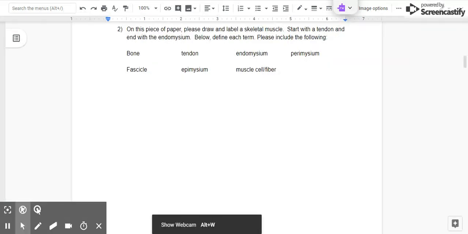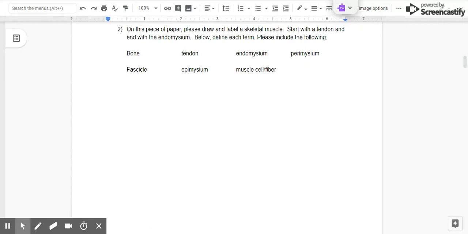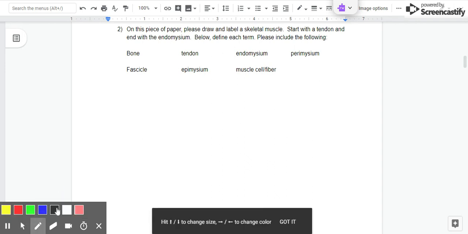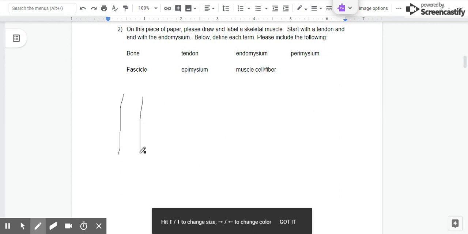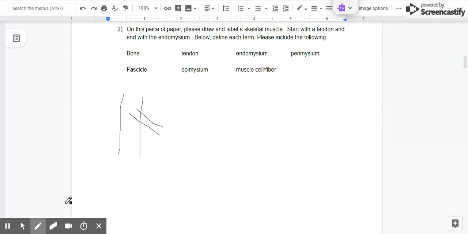So in this section, we are going to be drawing a skeletal muscle, which you have done several times, and this should be kind of a cakewalk for you. But here's the bone, and then we have tendon that would be connected to bone.